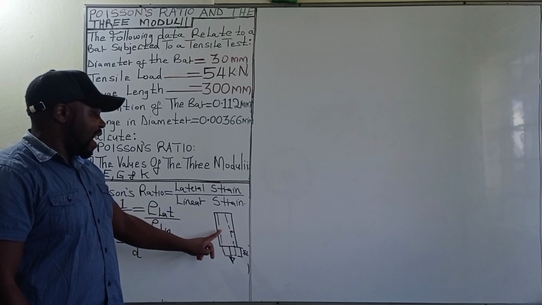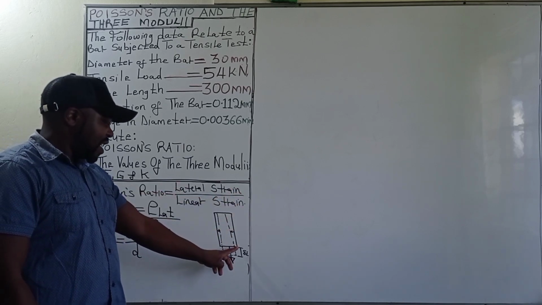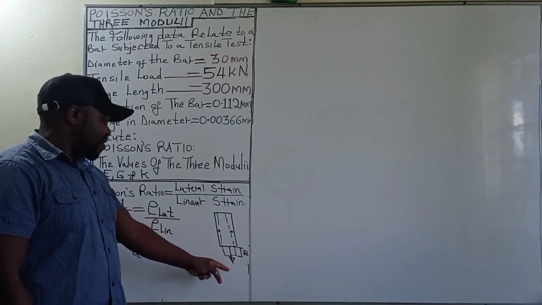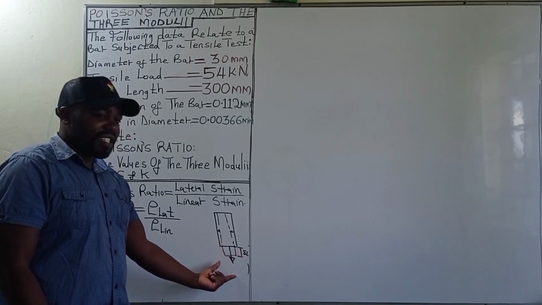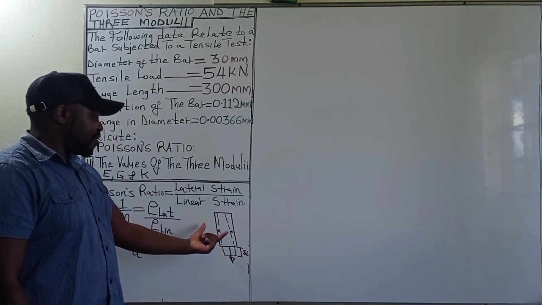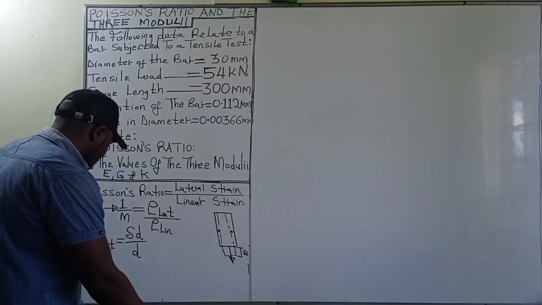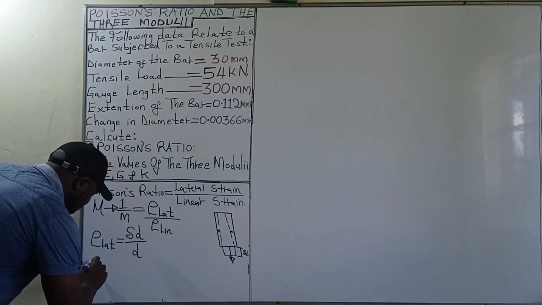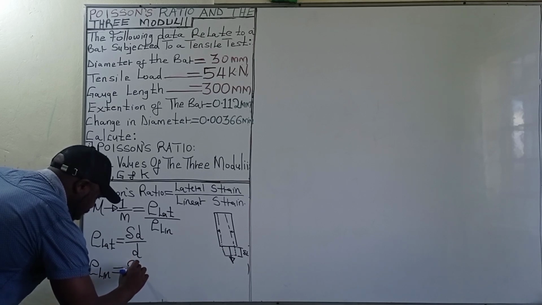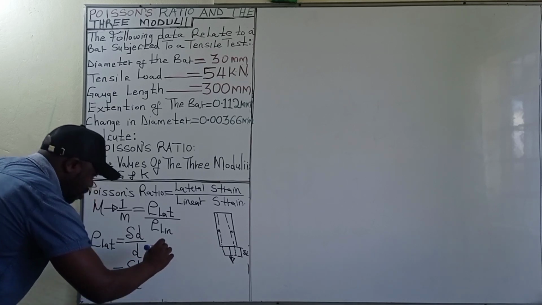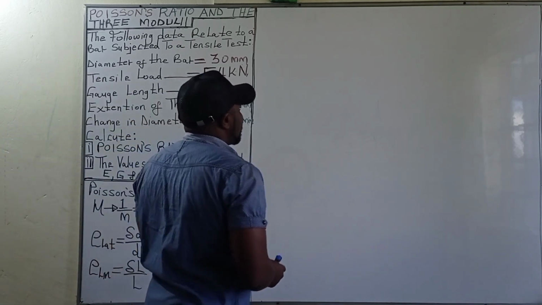This decrease in diameter is what we call lateral strain, whereas the increase in length is what we call the linear strain. That is, the strain as a result of that increase is the linear strain. The strain as a result of this decrease in diameter is the lateral strain. The linear strain, on the other hand, is usually given by change in length divided by the original length of the bar.